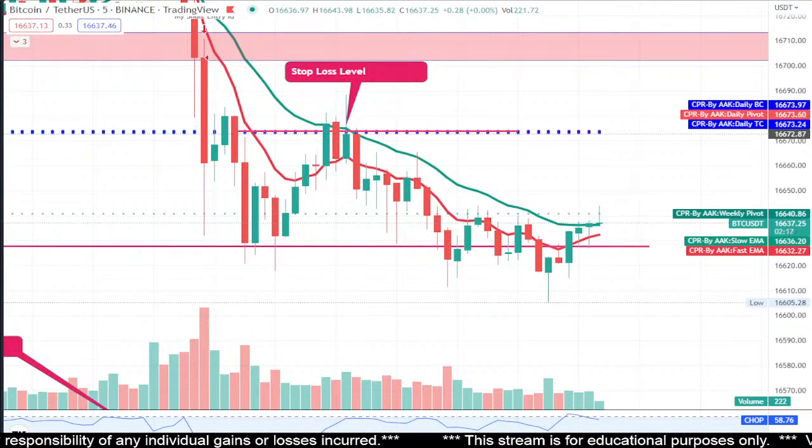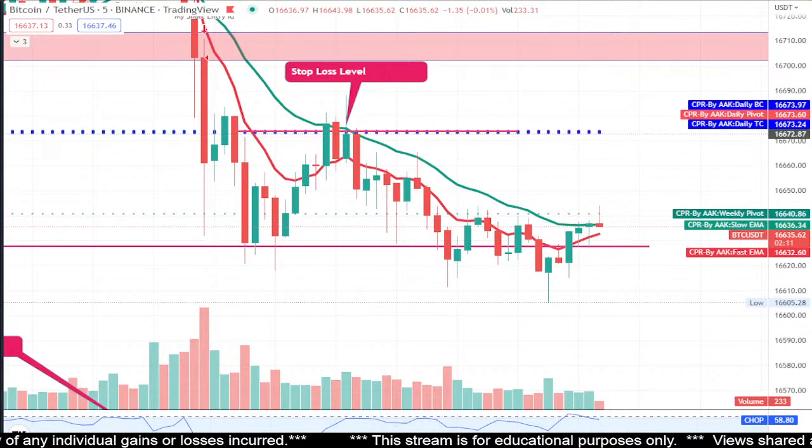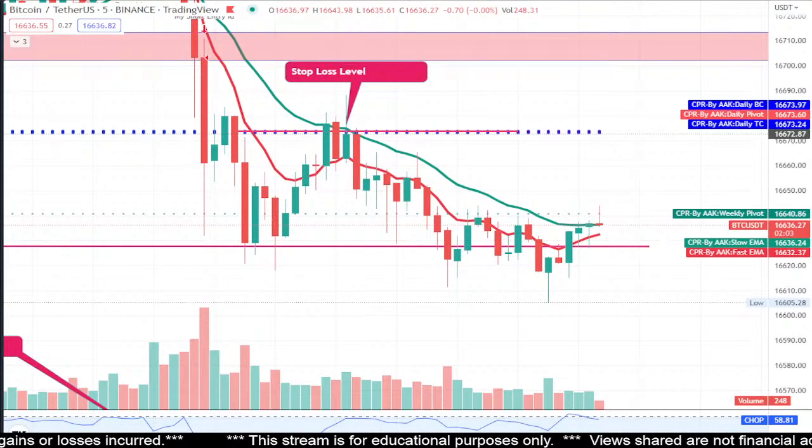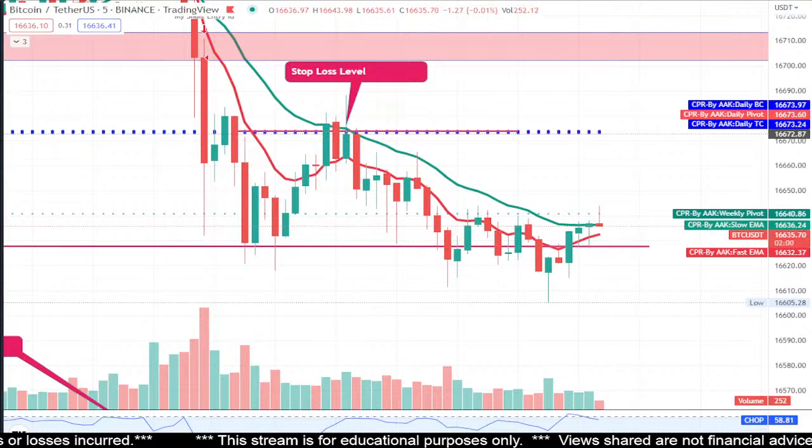So let's wait and see if the candle turns out to be red only, because that will again increase my profit levels. It will be good for me to book another 2-3% of profit on my capital invested.